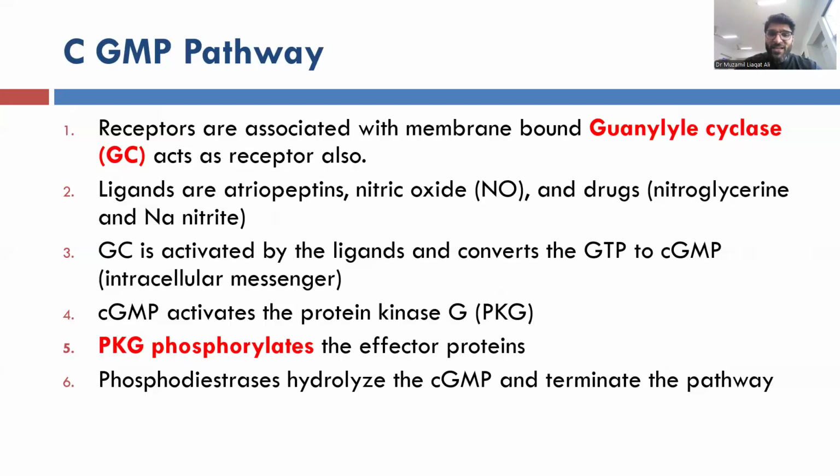So let's talk about the clinical correlation regarding the diacylglycerol. This pathway is critically involved in vasoconstriction, right? For example, angiotensin 2 or vasopressin, platelet activation by thromboxane A2, and many inflammatory responses. Drugs that block GQ coupled receptors are the alpha blockers, right?